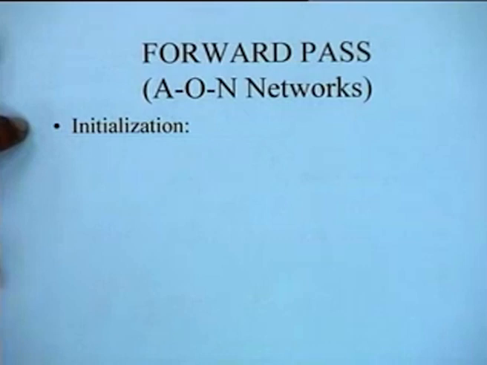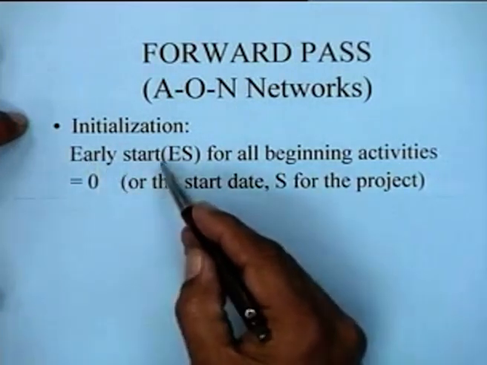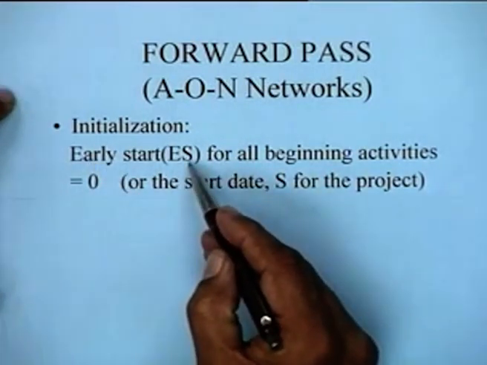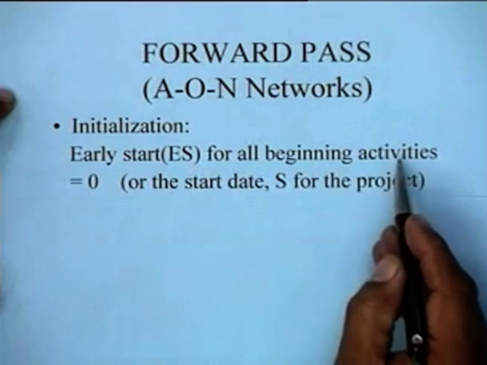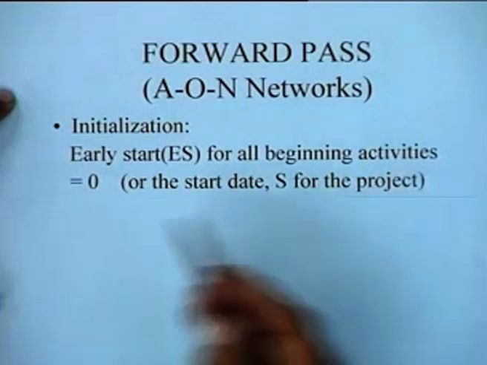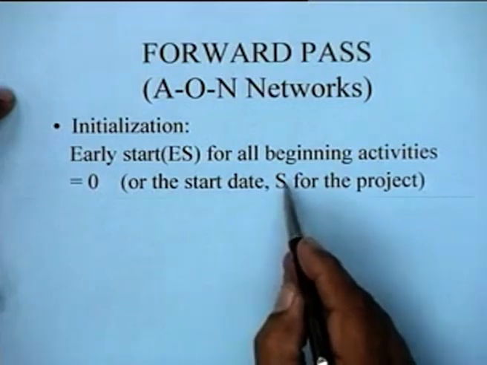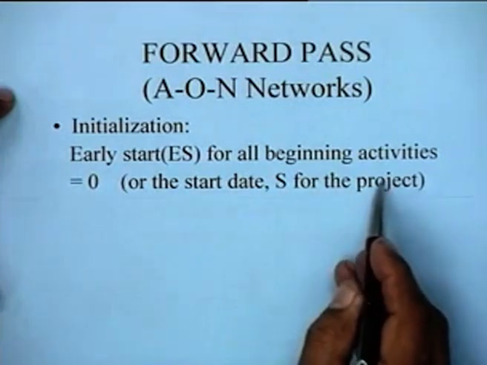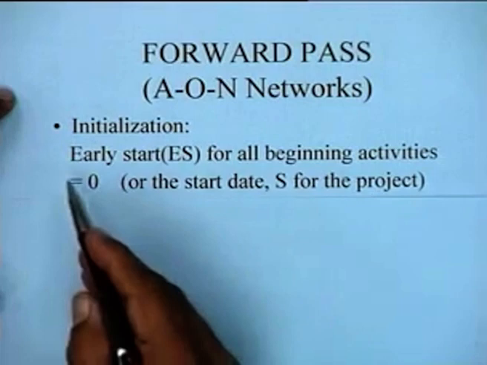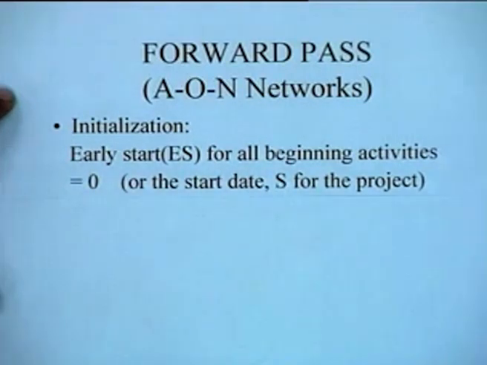That's the first step, and initialization is actually the step where we say that the early start, or ES, of all the beginning activities, meaning those activities which have no predecessors, so the source nodes, is equal to 0, or it is equal to the start date S of the project, as the case may be. So this is the process of initialization for the forward pass.